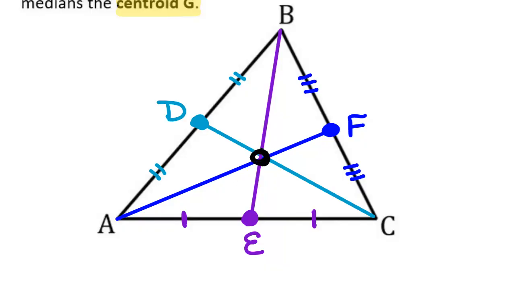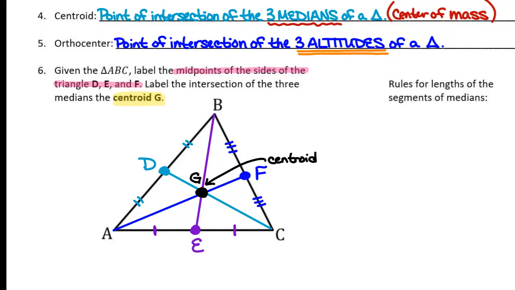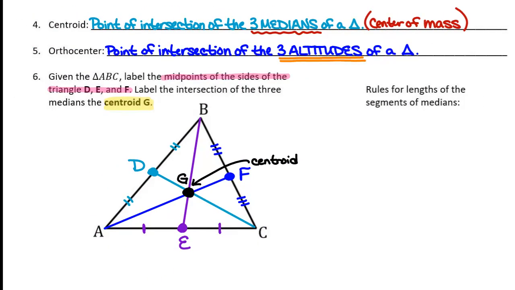We're going to put a dot where they cross, so you might just need to make your dot a little bit bigger. We're going to label that as point G. And I'm going to draw an arrow to it and call it the centroid. The location of that centroid splits my medians into two parts.